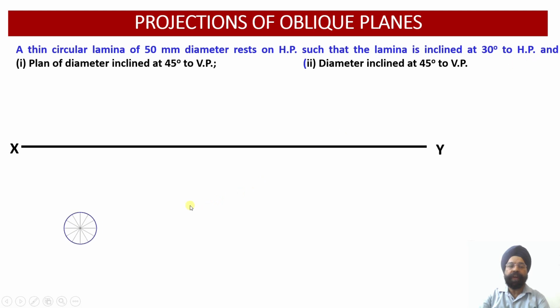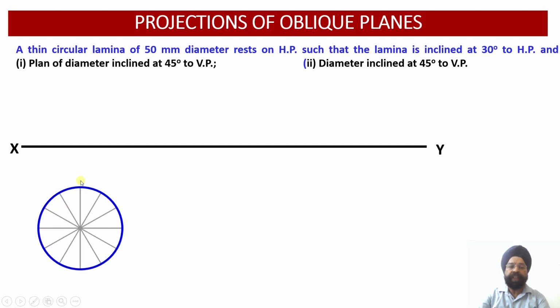First of all we are going to draw the circular lamina, and as I told you, we have to divide this into 12 equal parts. Twelve equal parts means that angles of 30 degree each you should draw on this side. Once you extend those angular constructions, you will be able to divide this circle into 12 equal parts.